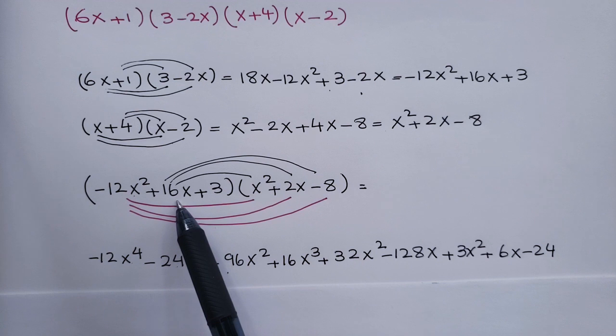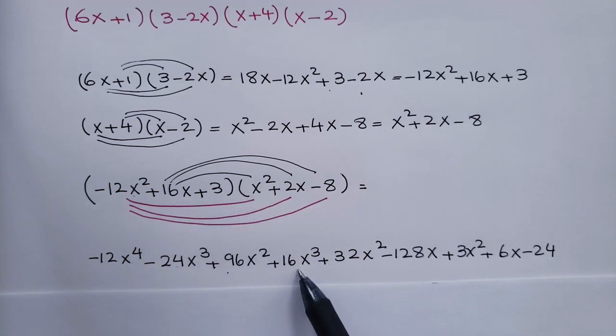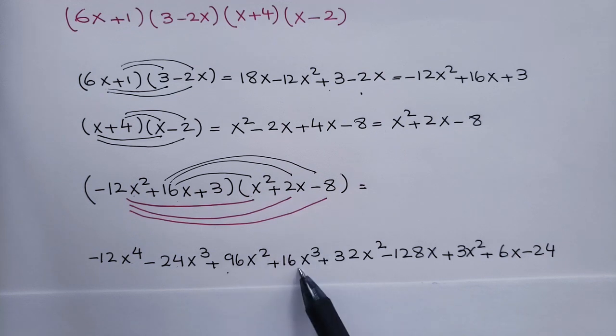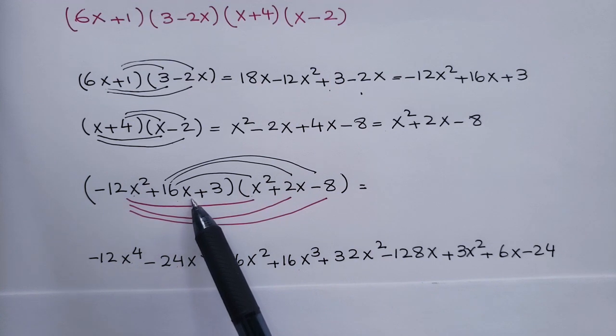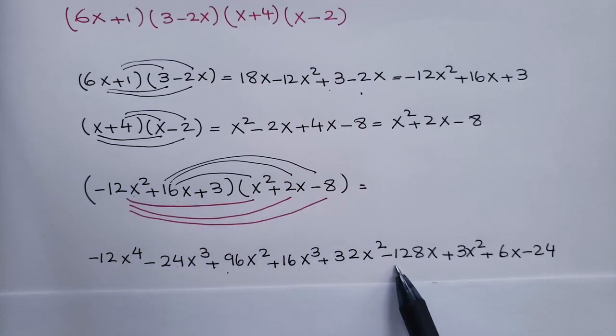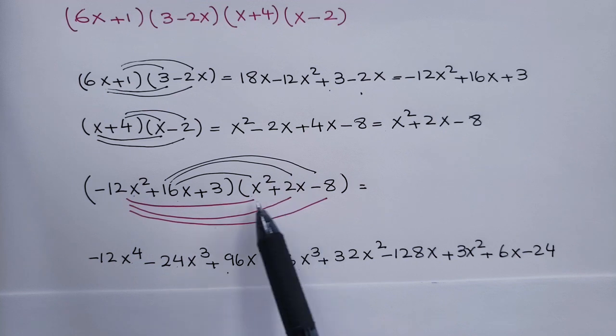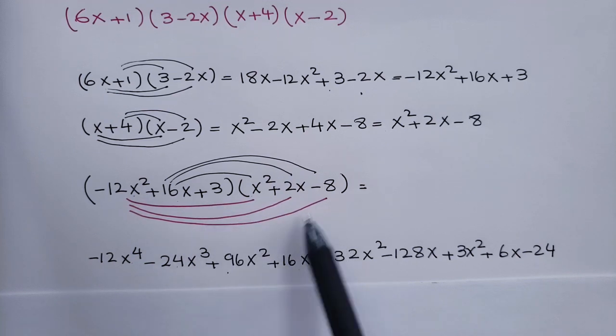So 16x times x squared, 16x cubed, 16x times 2x, 32x squared. 16x times negative 8, negative 128x. And then the last term, 3 times x squared, 3 times 2x, and 3 times negative 8.